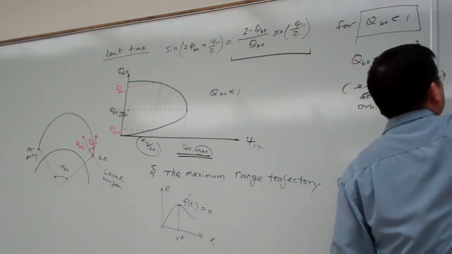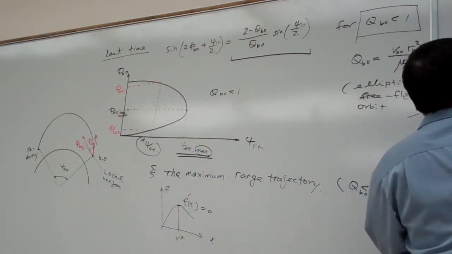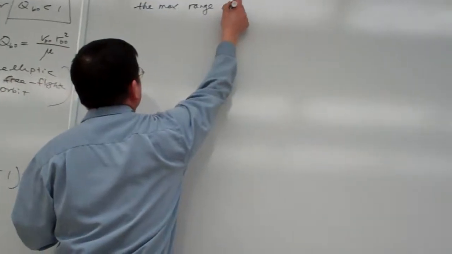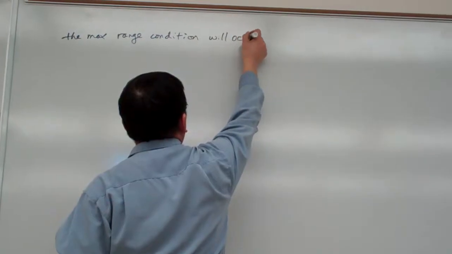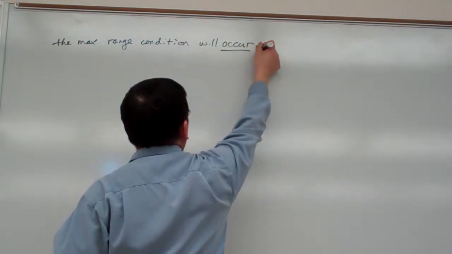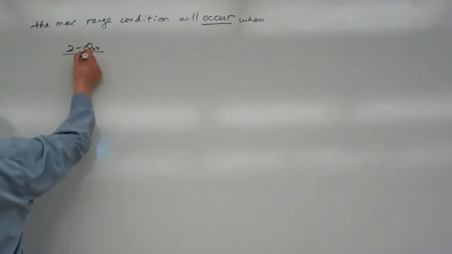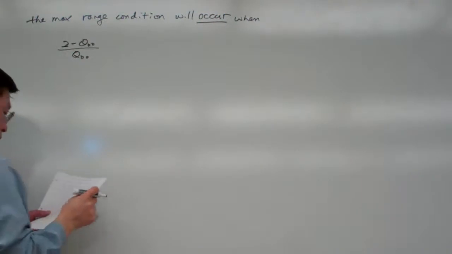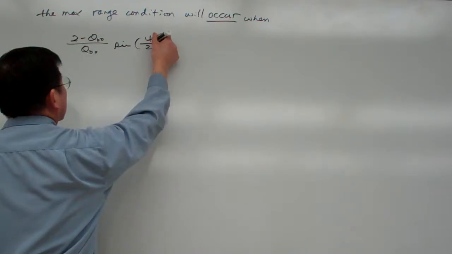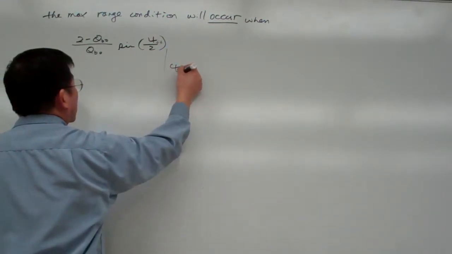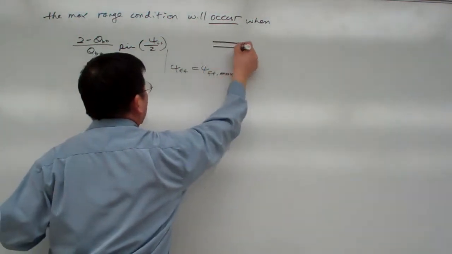So here is the thing: the maximum range condition will occur when 2 divided by 2, VBO, and sine, so that means when this one equals the maximum, this one will be equal to 1.